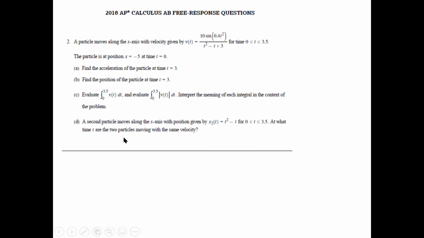Okay, so for part D, it says a second particle moves along the x-axis with position given by this between 0 and 3.5. At what time are the two particles moving with the same velocity? So we're going to go ahead and set them equal to each other. Your second particle, I'm just going to put that as x2 of t is equal to t squared minus t.